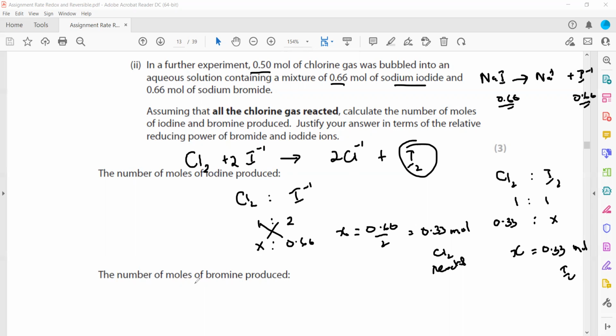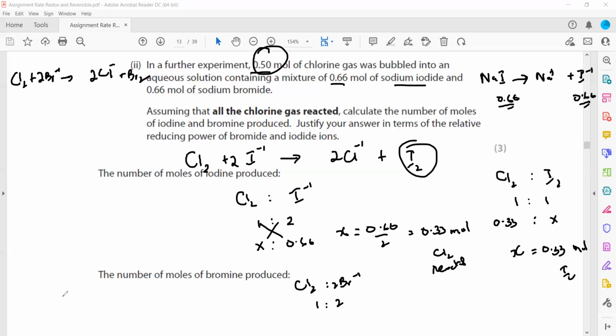But what about the moles of bromine produced? Again, when we write the equation for chlorine reacting with bromide, it will form two chlorides and produce a bromine molecule. So again, the ratio is 1 to 2. But now what mole ratio should we use? The total number of moles of chlorine was 0.5, and out of 0.5, 0.33 moles have reacted.